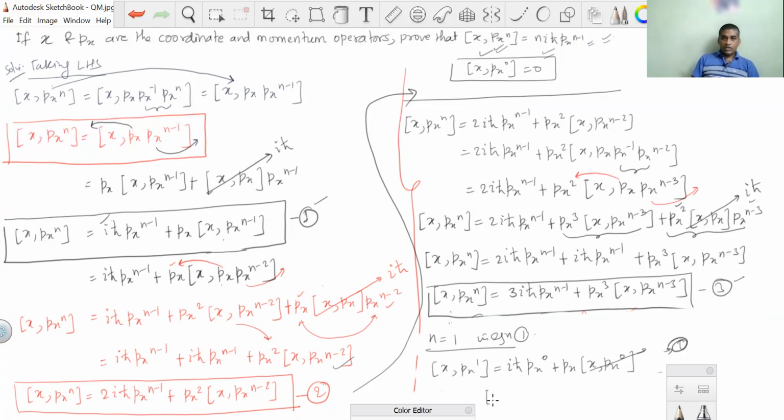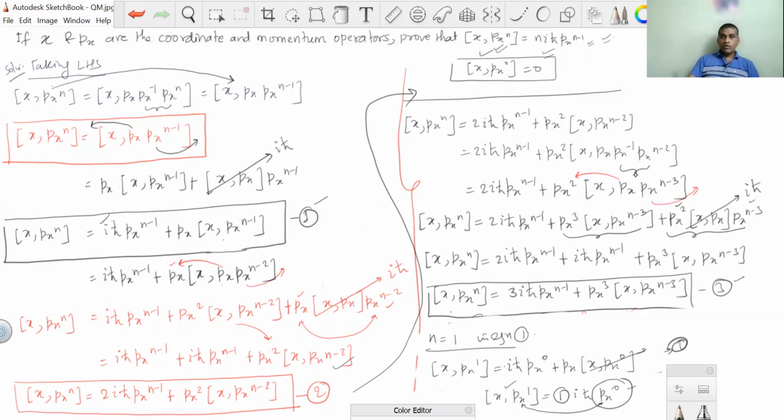So we can write the commutator of x, px power 1 equals 1 I h bar px power 0. So for n equals 1, we have 1 on right hand side, and if we compare the power of px on left hand side and on right hand side, then the power of px on right hand side is reduced by the amount 1.